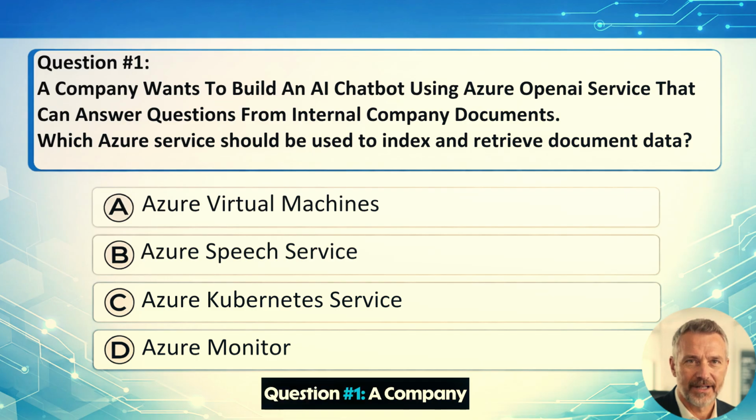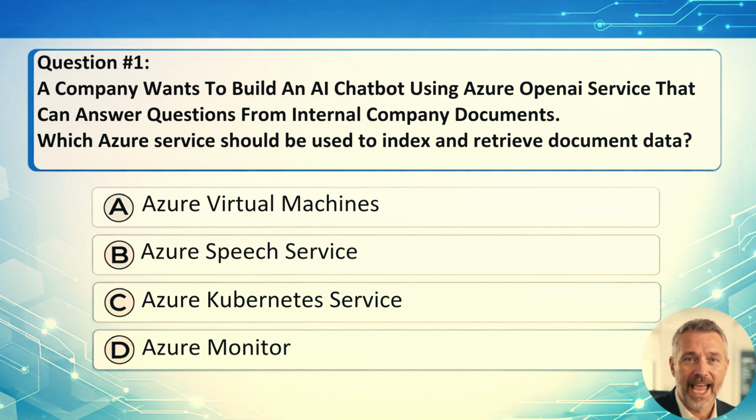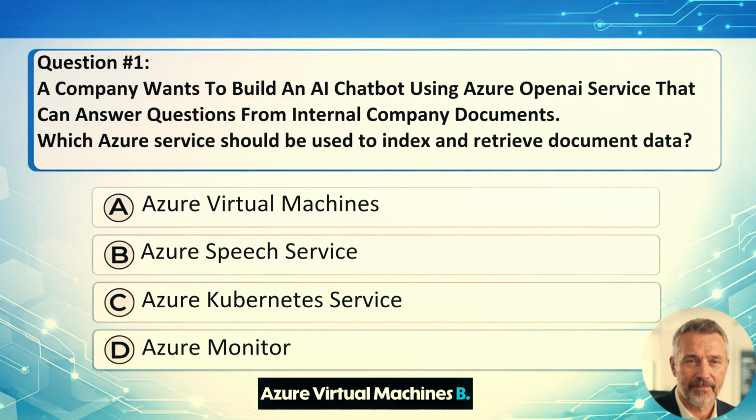Question number 1. A company wants to build an AI chatbot using Azure OpenAI service that can answer questions from internal company documents. Which Azure service should be used to index and retrieve document data? A. Azure Virtual Machines. B. Azure AI Search.